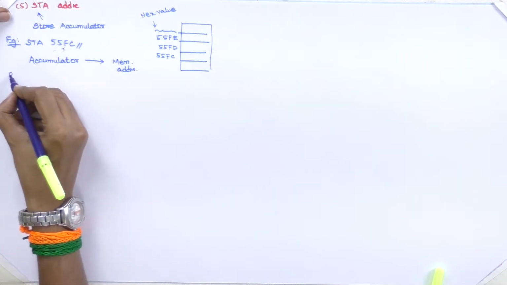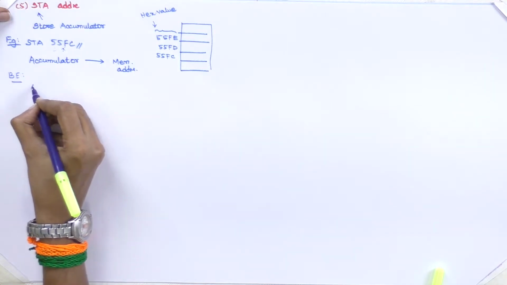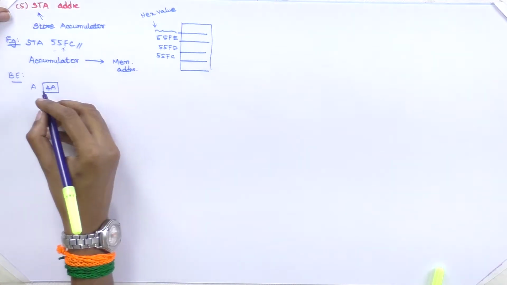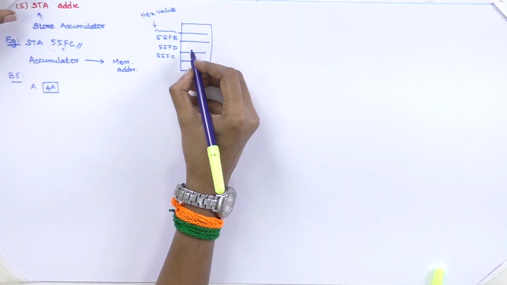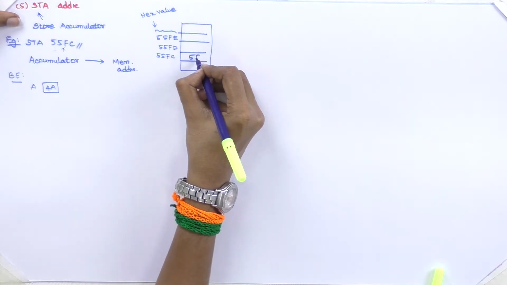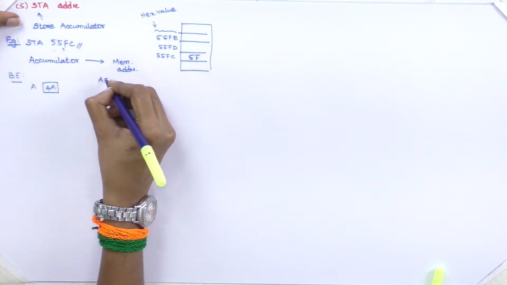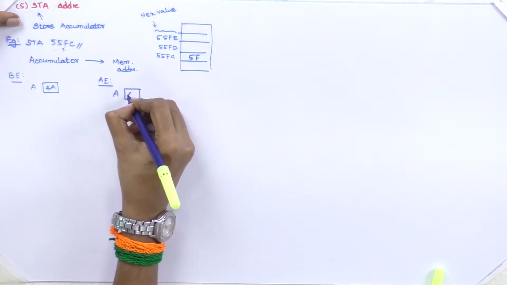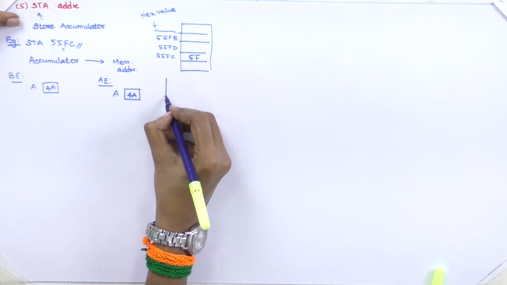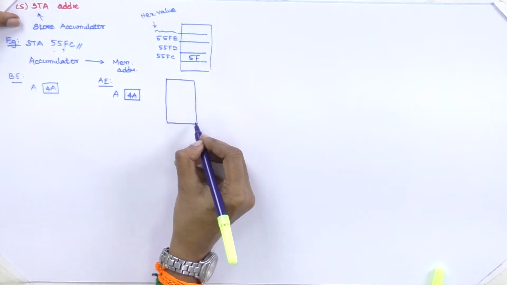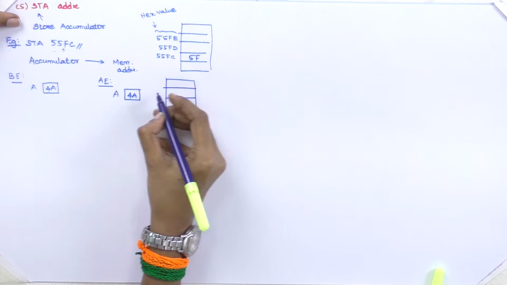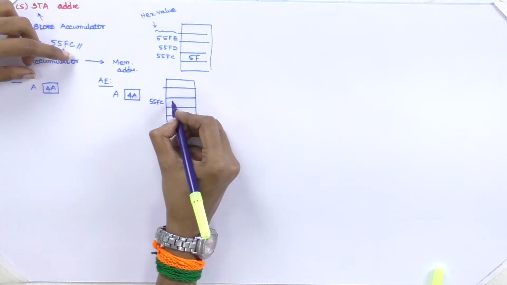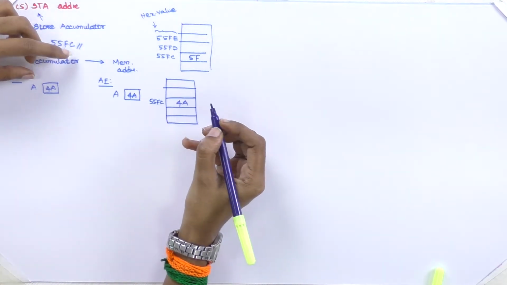For example, before execution, if you have the value 4A in the accumulator, in the location 55FC you might have the value of 5F. After execution, A will be retained with the same value 4A, but 55FC will be replaced with the value in the accumulator, that is 4A.